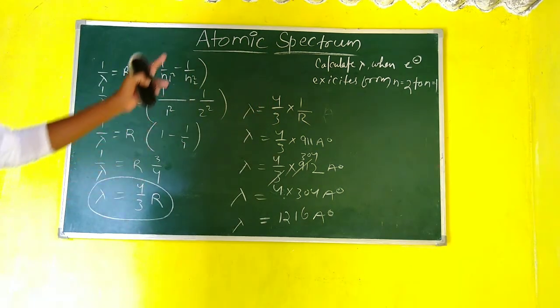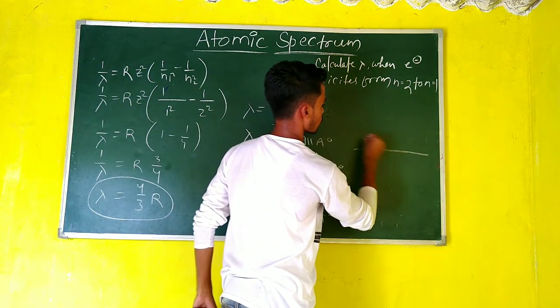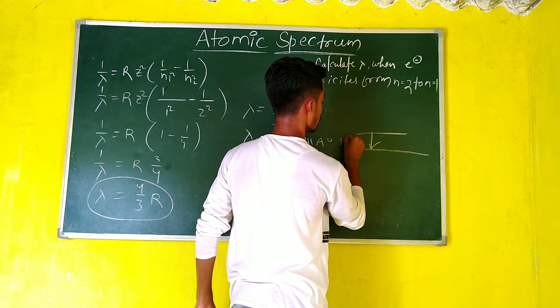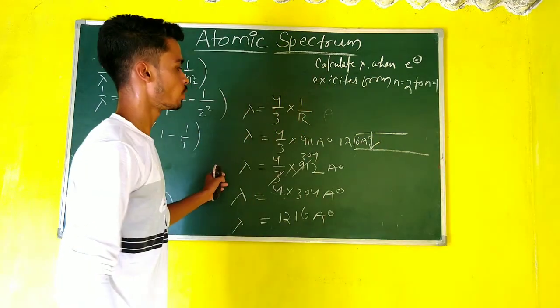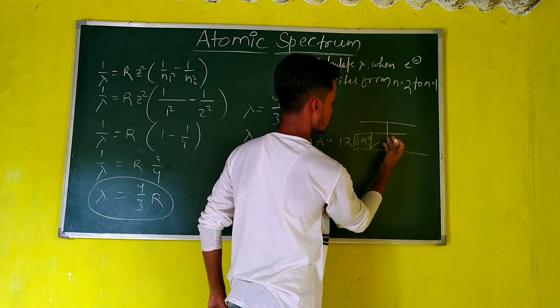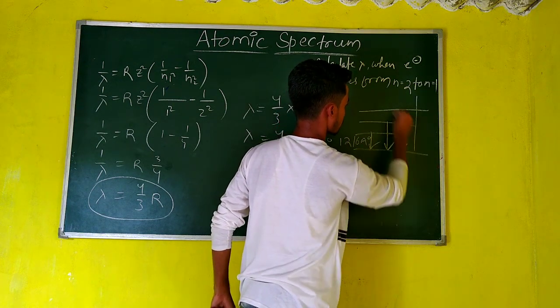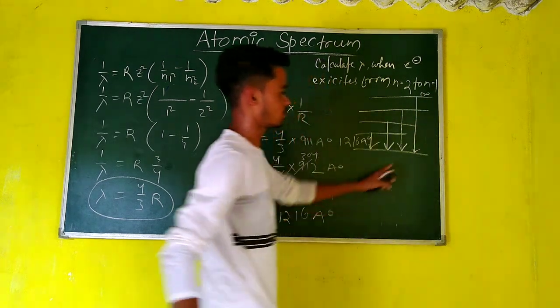Okay, so the lambda value for the first energy level transition is 1216 angstrom. Then we can calculate the lambda value of this transition, then this transition, then the infinity to first transition.